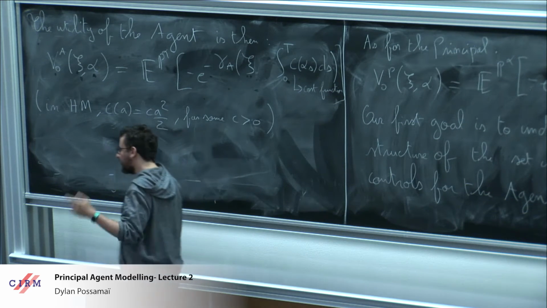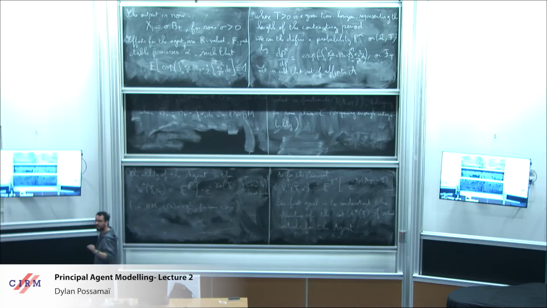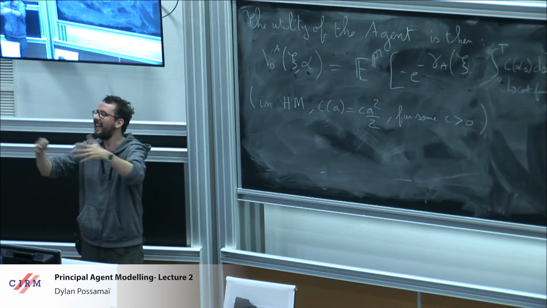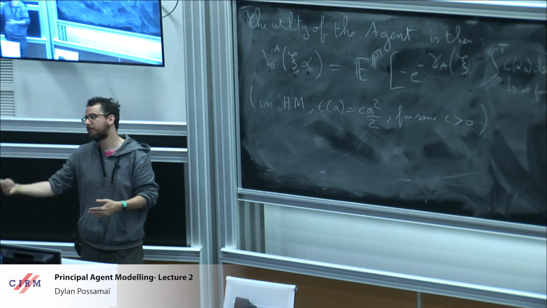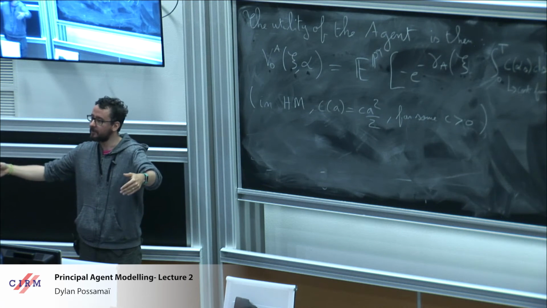If you think about what I did this morning, I told you that I had X, a random variable. And when the agent was choosing an effort, what we were changing was the distribution of X. In the example, when I choose A, X is Gaussian, but I'm changing the mean. So I'm not changing X, I'm changing the distribution. I have a realization of a random variable.